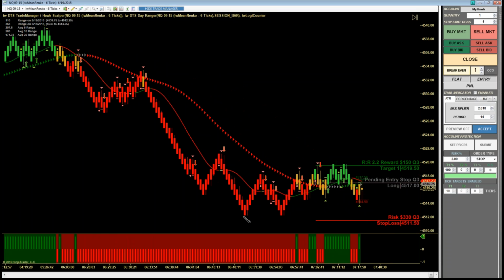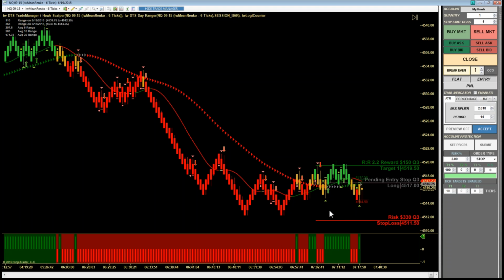Essentially what we're looking for is we know the buyers showed up here, and they showed up again here. The sellers pushed the buyers down to here, so we're expecting the buyers to show up one more time and give the sellers another little bit of a push. But like I said, not the most attractive signal.